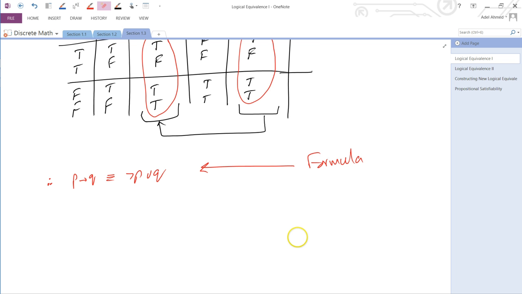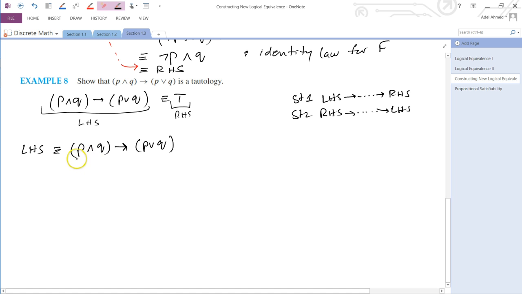Yeah, here it is. P implies Q is equivalent to not P or Q. So I'm going to apply that here. We've got P implies Q, or say this implies this. This can be rewritten as not the first part, which is P and Q, or the second part, which is P or Q.